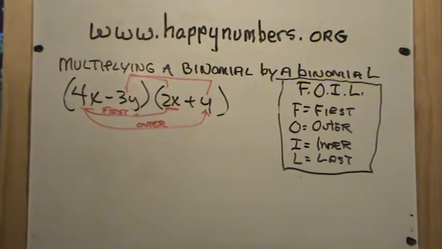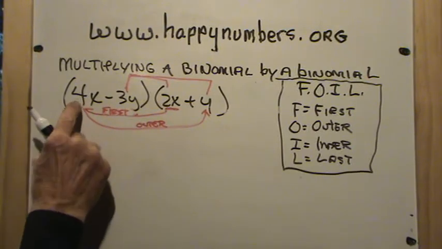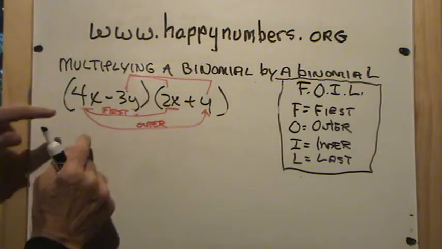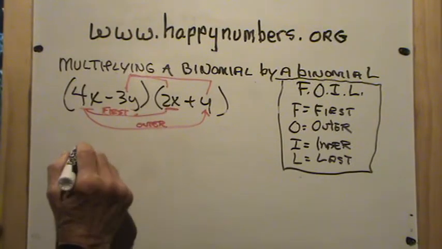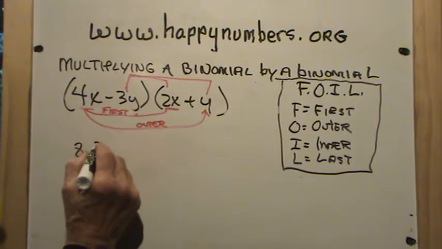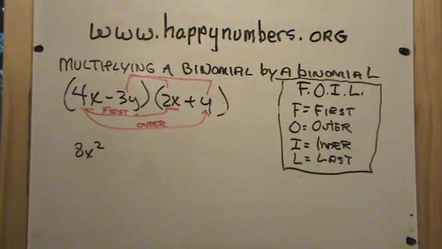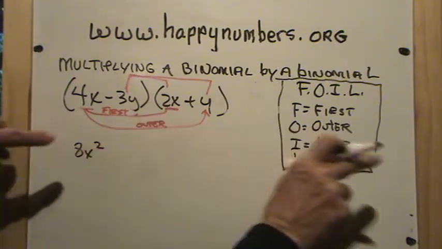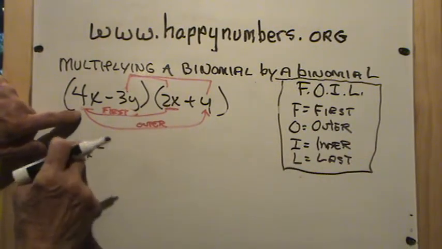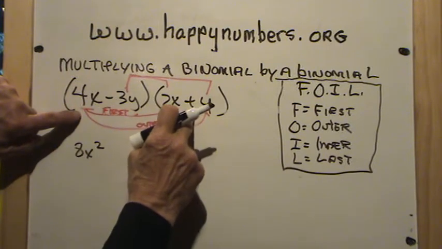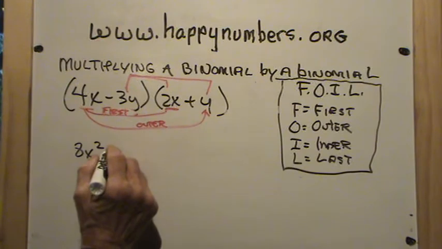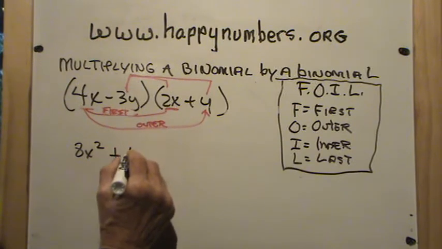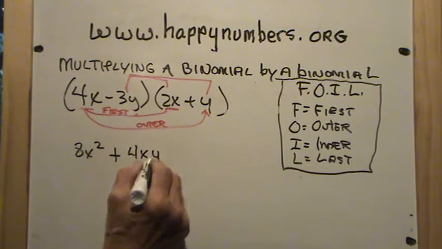In fact, here's exactly how it works. We do the first. 4x times, this is the first, 2x would give me 8x squared. Now we do the outermost terms, the two terms on the outside. 4x plus 1y, remember that's 1y, would give me a positive 4xy.